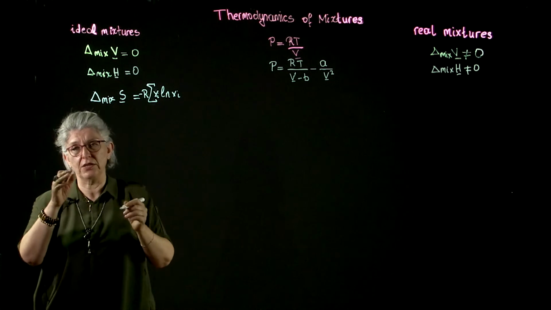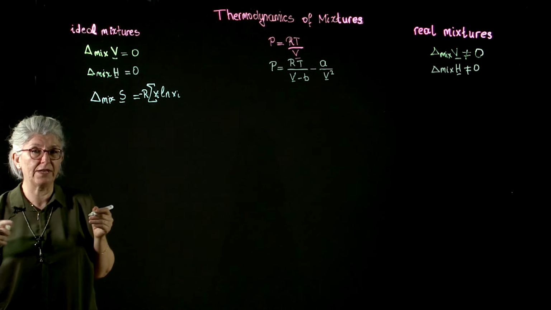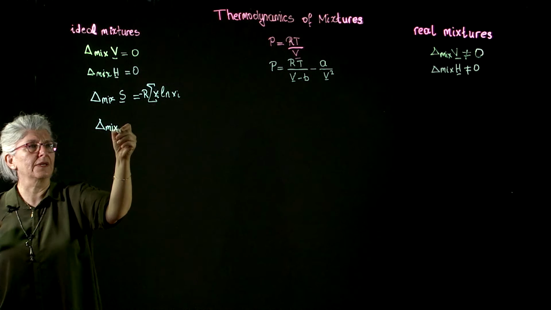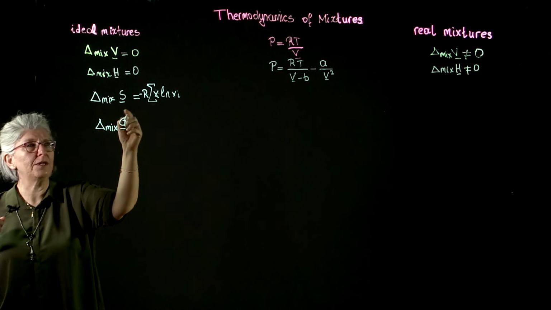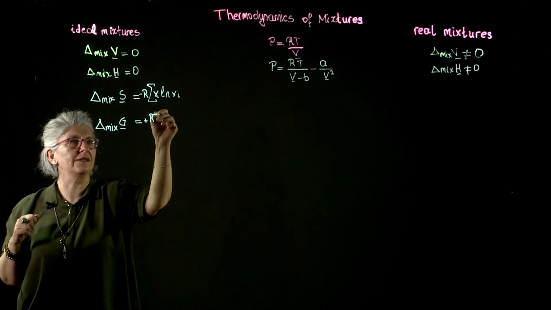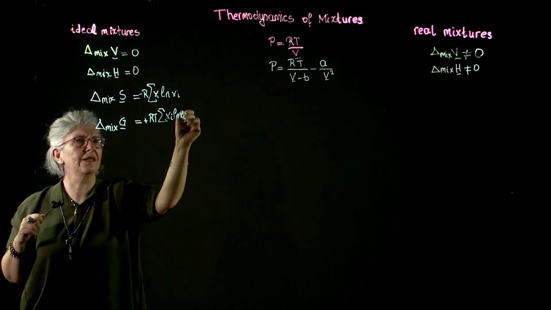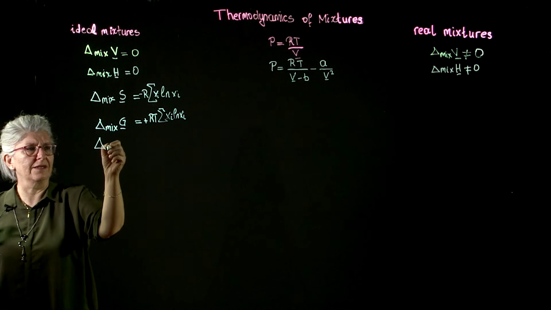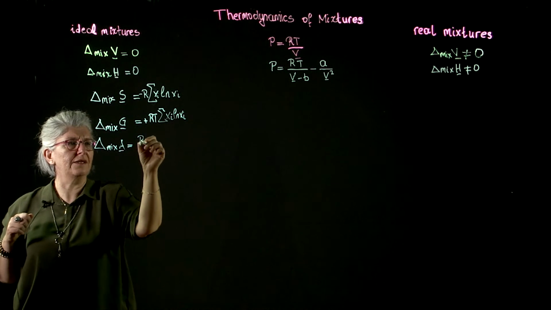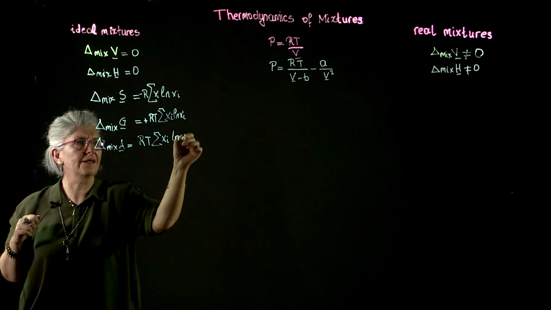And when we take this equation and substitute in the definition of Gibbs free energy and Helmholtz free energies, we'll have delta mix G for an ideal mixture equal to RT sigma xi ln xi, and delta mix A will be RT sigma xi ln xi.